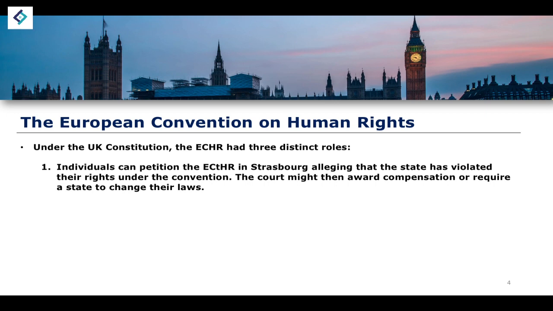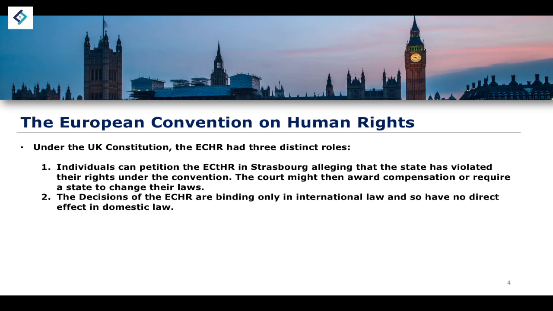The European Court of Human Rights then may award compensation or require the state to change their law, and therefore make a claim that they have violated the ECHR. Equally, the court can say that actually your rights haven't been violated, and that would be a case where they side with the state. The second role is that the decisions of the ECtHR are binding only in international law, and so therefore have no direct effect in domestic law.